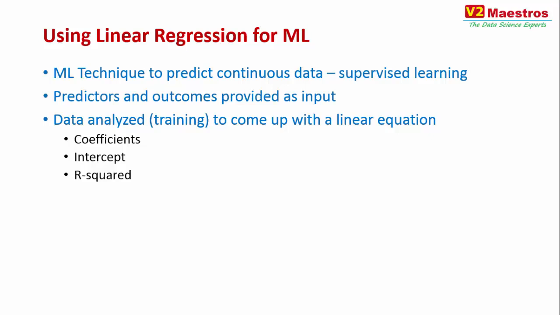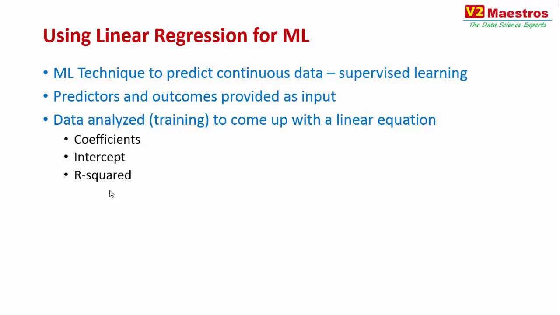So that linear equation, or the model that is outputted, consists of the values of the coefficients for the predictor variables, the value for the intercept, and the value for r squared. All of them are typically outputted when you use an algorithm to do linear regression. The coefficients and intercept obviously form the model. It is these values you are going to take and apply in a linear equation when new data comes in.